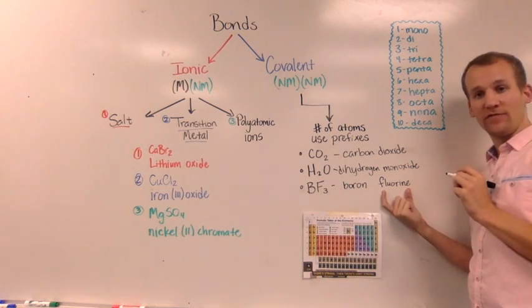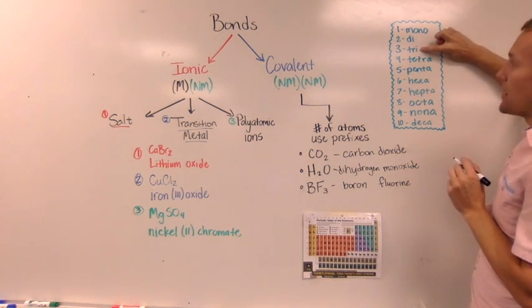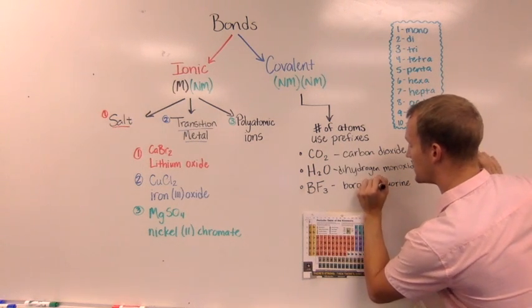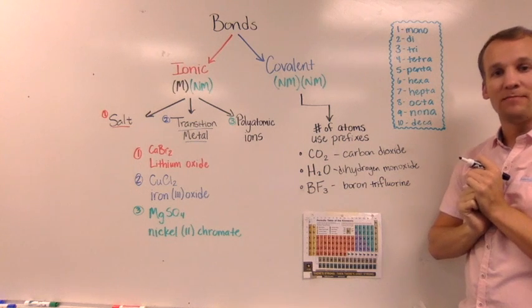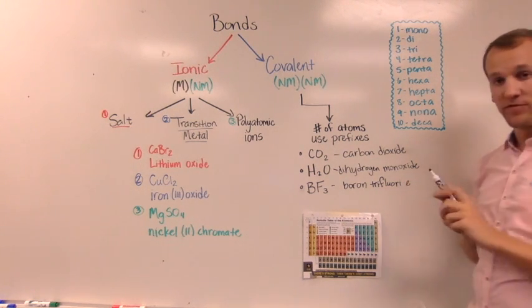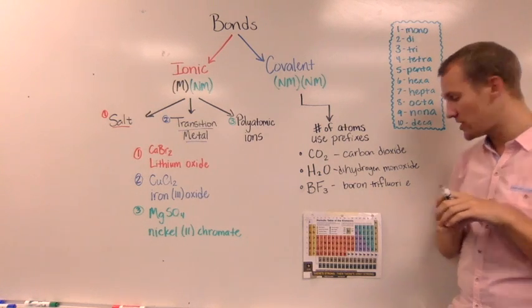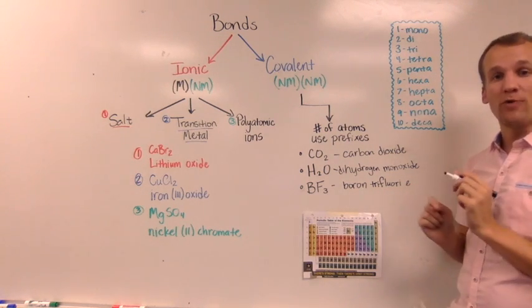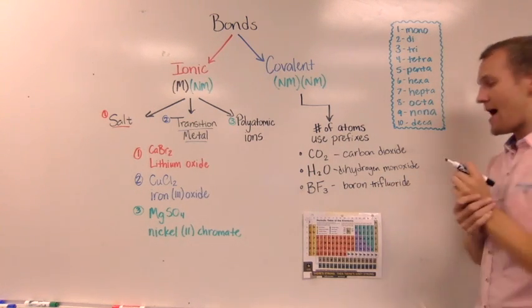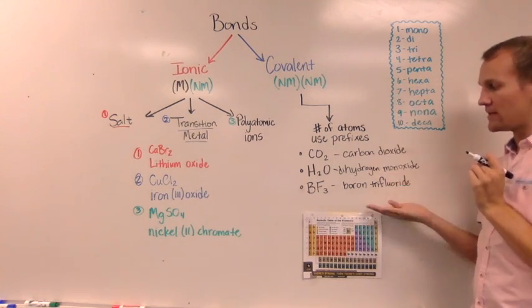And we have 3 fluorines, so I need to grab my prefix for 3, which is tri. So I'm going to bring tri down here, and then my ending is going to change to IDE. With fluorine, it's a little bit easier than oxygen. That just changes to fluoride instead of fluorine. Okay? And that's how we name our covalent compounds.